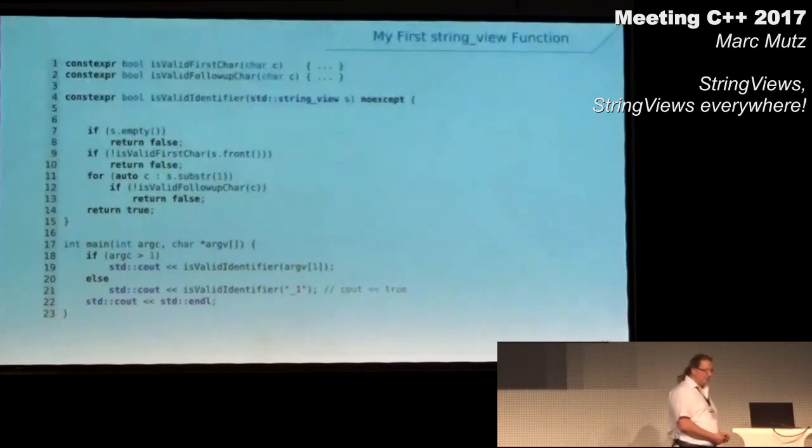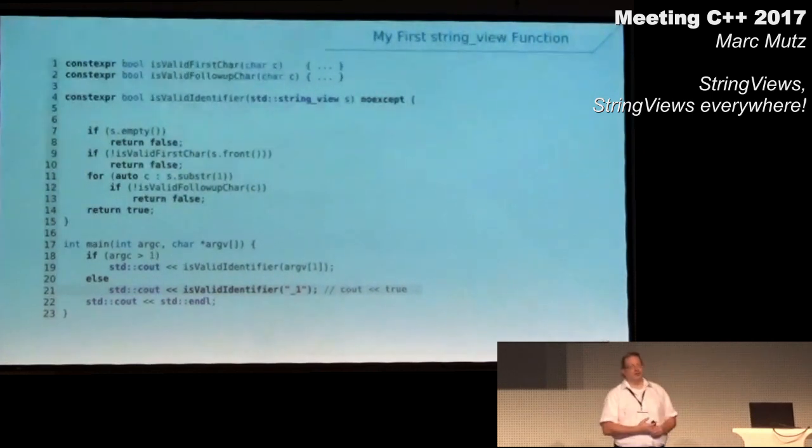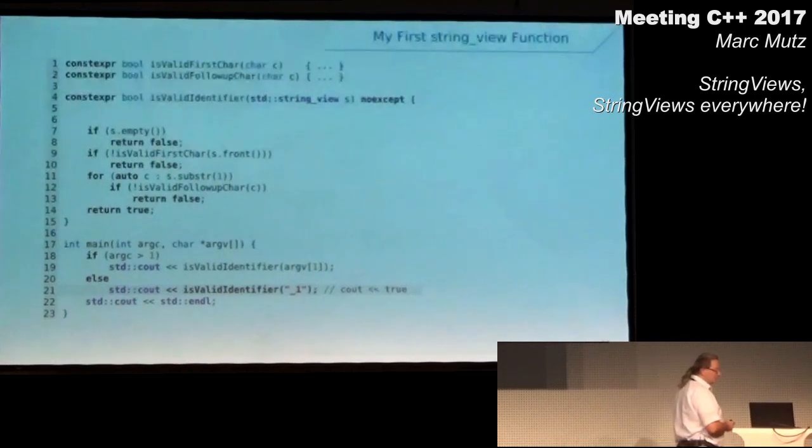And our last line here, or penultimate line, becomes a constant. The compiler writes into the executable cout true, because it is a valid identifier and can calculate it at compile time. Whether you need this or not, I don't know. But it's nice to have these optimization opportunities that the compiler can find for you.